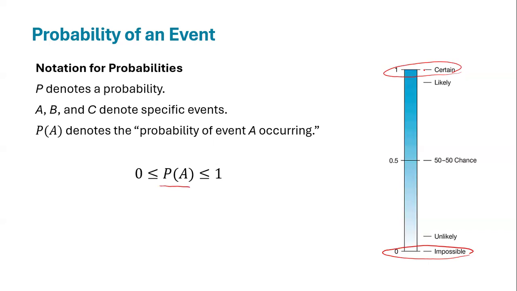Okay? But remember, it's important that in the rest of the chapter, anytime you find a probability, if you see that the probability is negative, that means something is wrong. You cannot have a negative probability. If you see that the probability is a number more than 1, again, something is wrong. The probability of any event must be a fraction or a decimal, which is between 0 and 1 only.